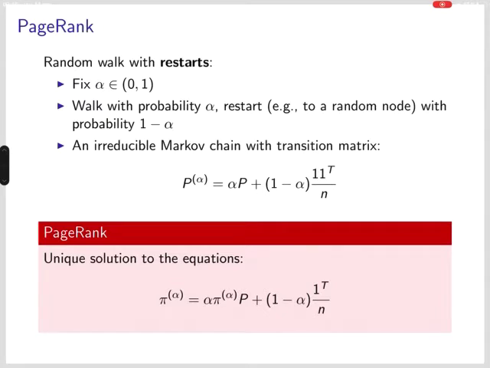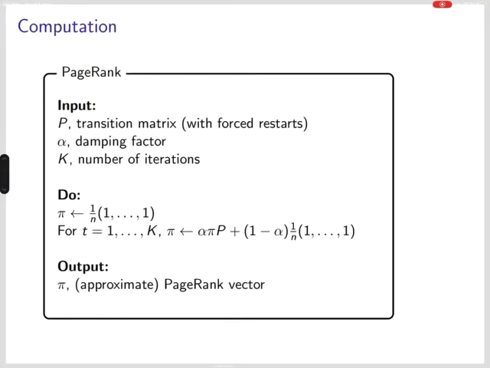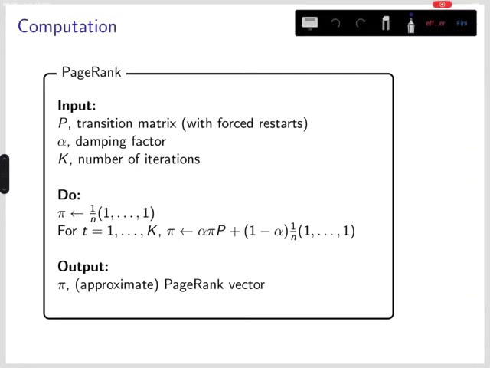And this is the Pagerank vector. For the computation, you can either try to solve it exactly, or again use power iterations, and it is the same idea. The point is that here you have a sparse matrix, and here you have just a vector.